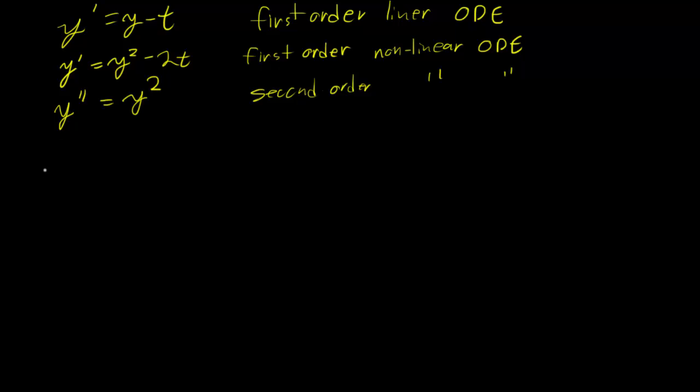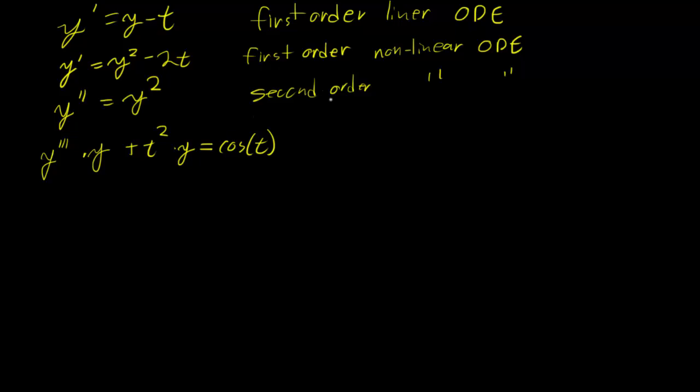Finally, I could have a third order linear, let's say, y triple prime times y plus t squared times y equals cosine of t.